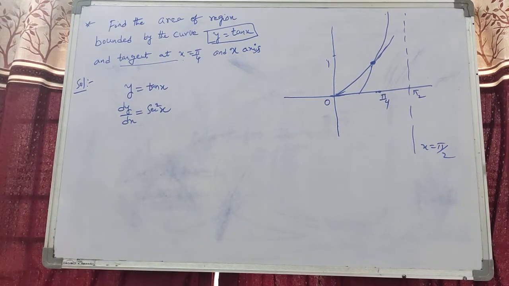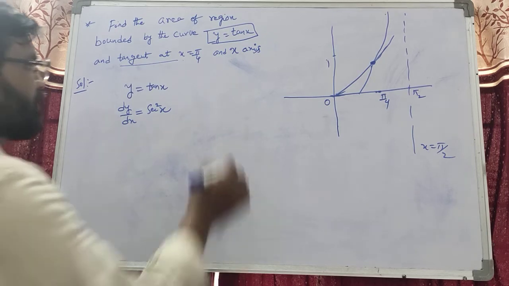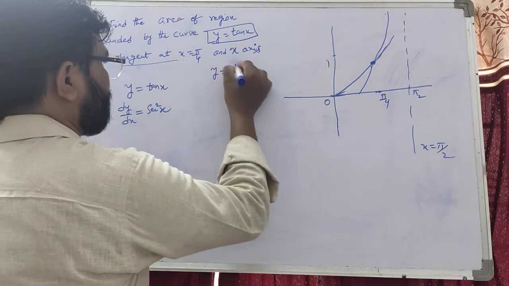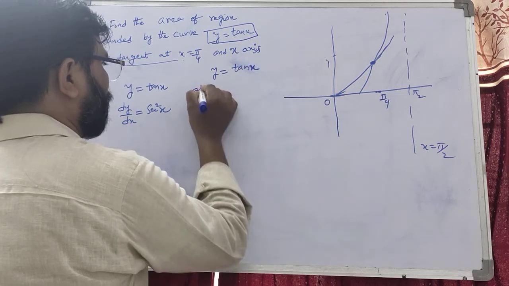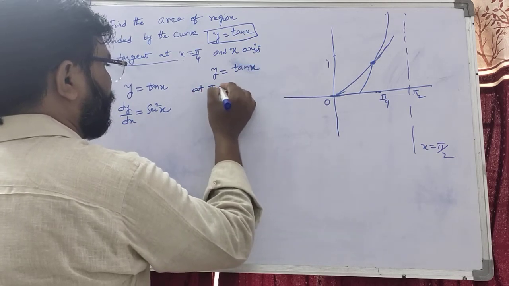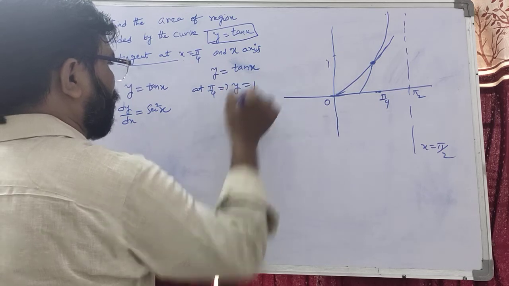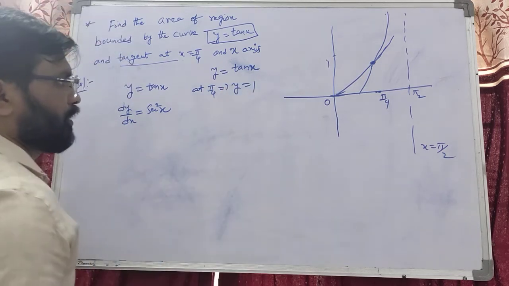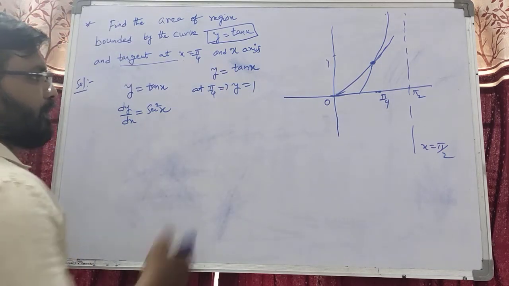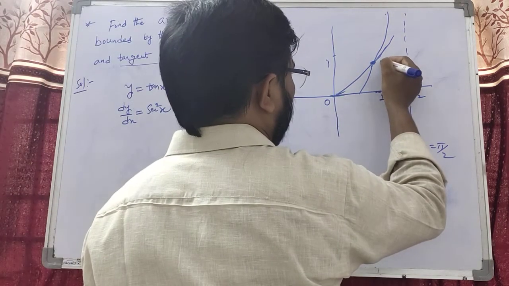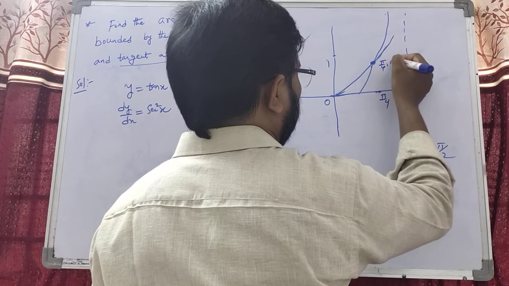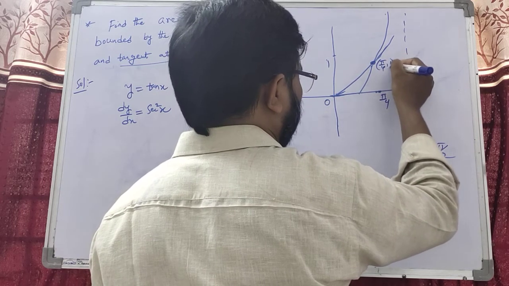First we have to find the slope. Dear students, y equal to tan x is the curve. Therefore at x equal to pi by 4 we get y equals 1. The point is pi by 4 comma 1. x is pi by 4, y is 1. Pi by 4 comma 1 is the point P.